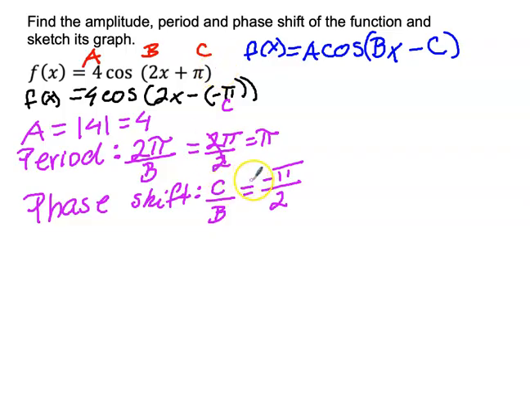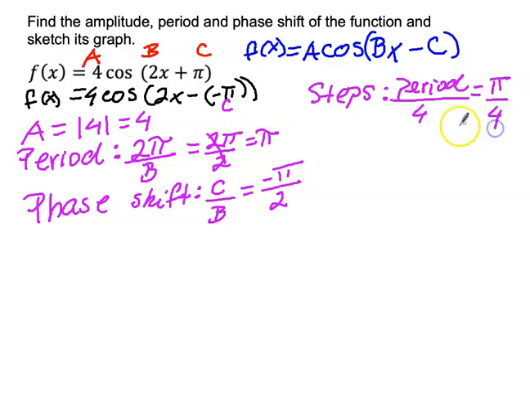I found this simple. So, okay, let's get to the steps, or the key points or increments. We're going to take the period and we're going to divide by 4. So in this case, we have pi over 4.